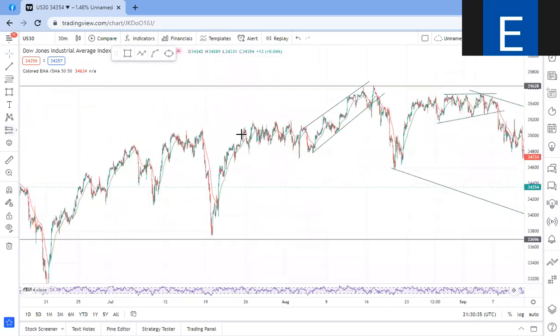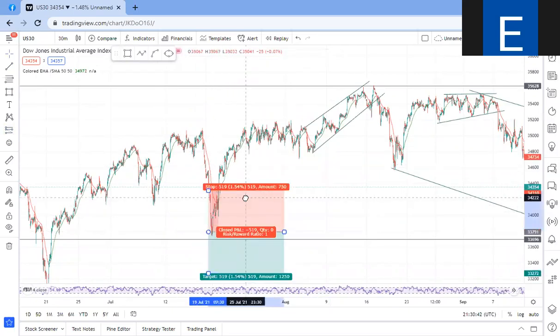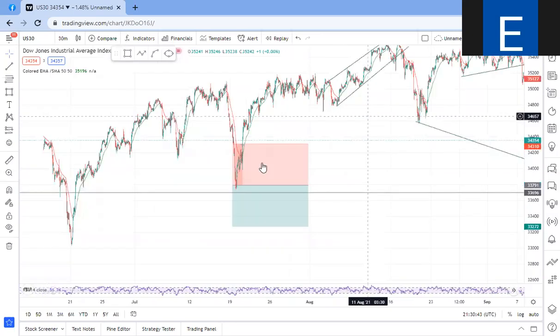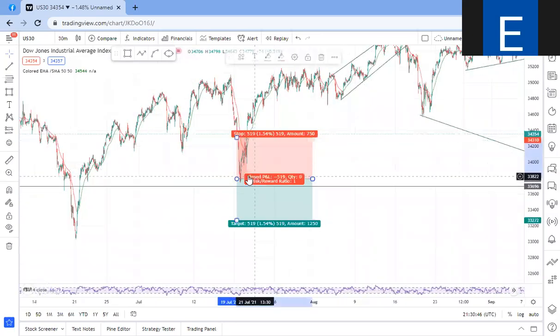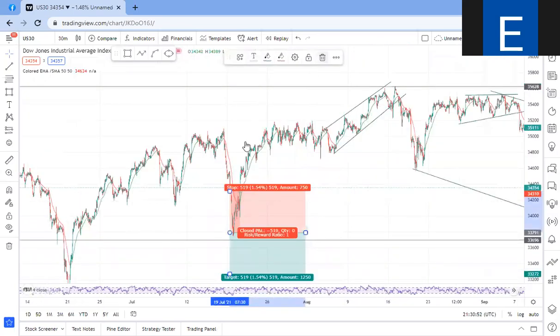Imagine entering on a sell here. I've gotten stopped out. This was the lows. You need to understand how to buy at these lows and not sell at the lows. And imagine if somebody had taken buys at the highs here.